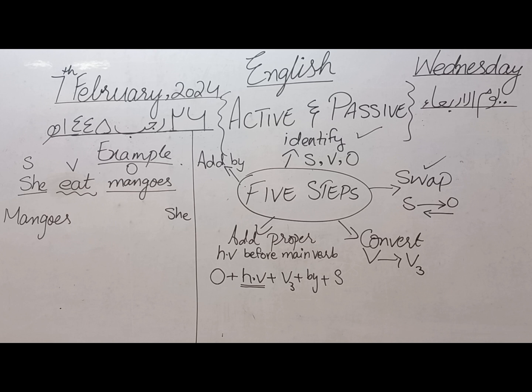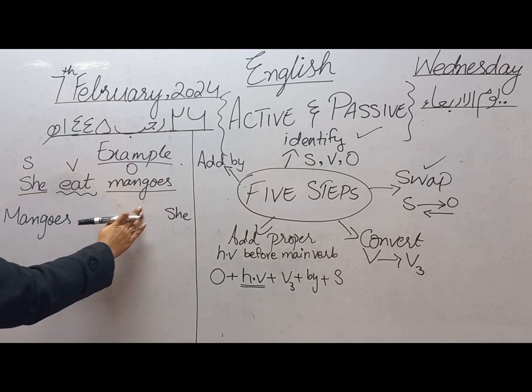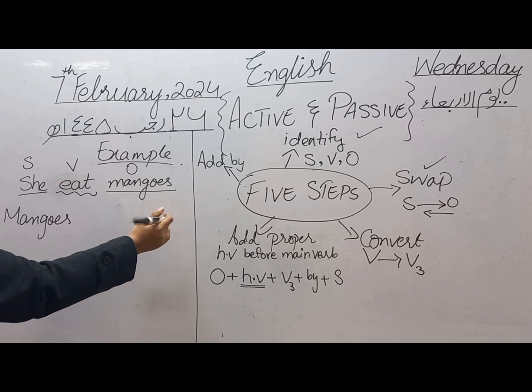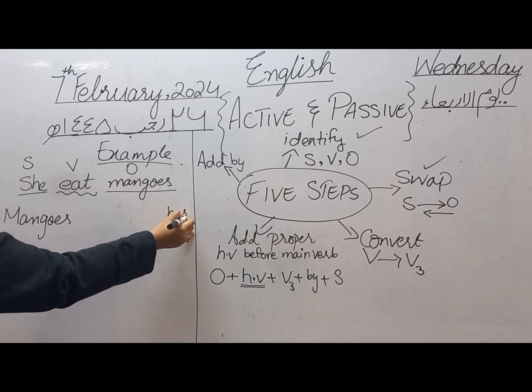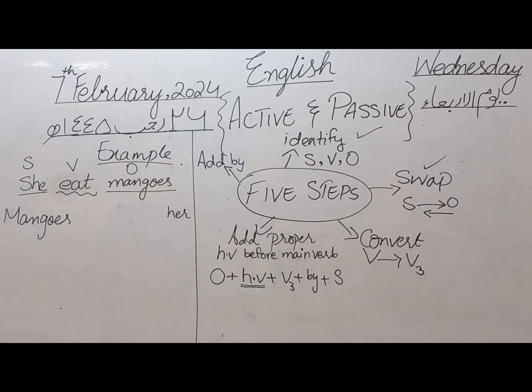She. Very good. As I told you, yes. Perfect. Excellent. As I told you, whenever you are changing the pronouns, this she will be changed into her. Very nice. You are learning this active passive voice.